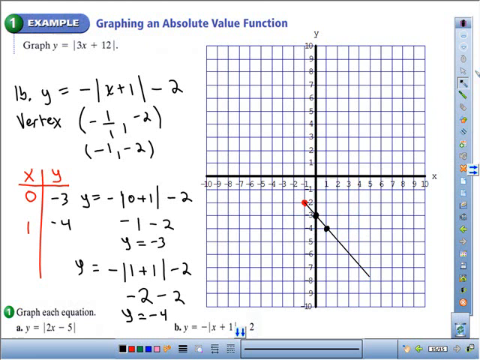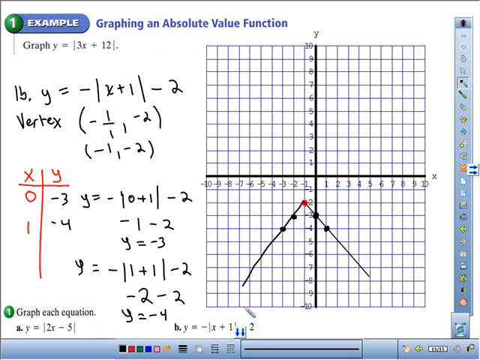And then we're going to copy the points on the left. If we move 1 to the right from the vertex and down 1, we'll move 1 to the left and down 1. You move 2 to the right and down 2. You can move 2 to the left and down 2. And then just connect the points.